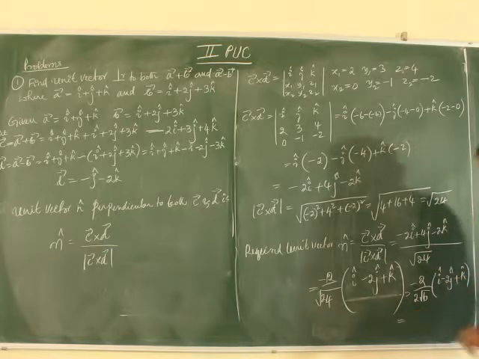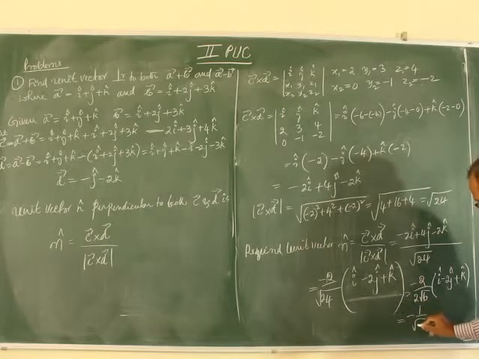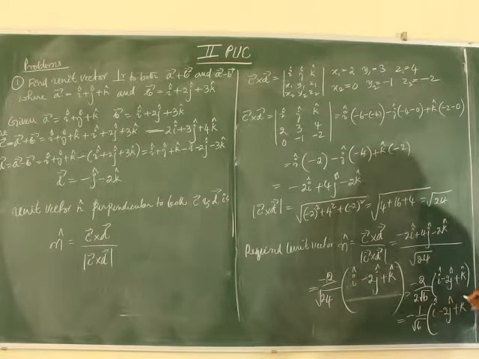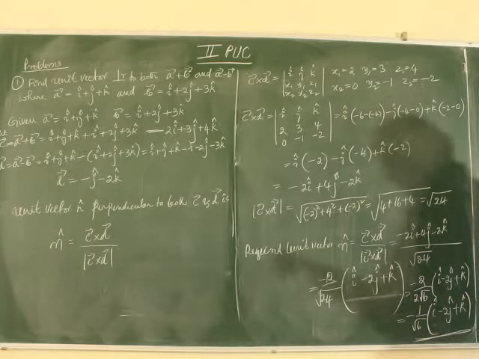Or the final answer is minus 1 by root 6 into I minus 2j plus k, over. Minus 1 by root 6 into I minus 2j plus k.